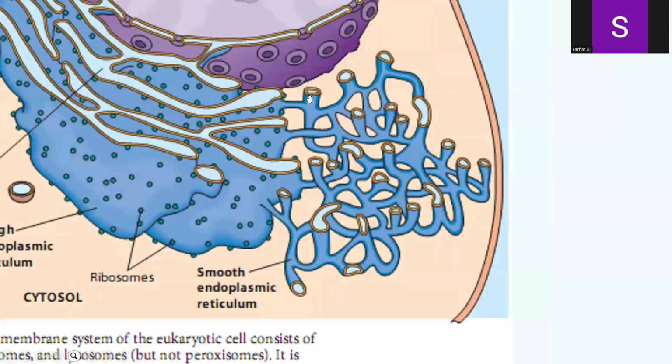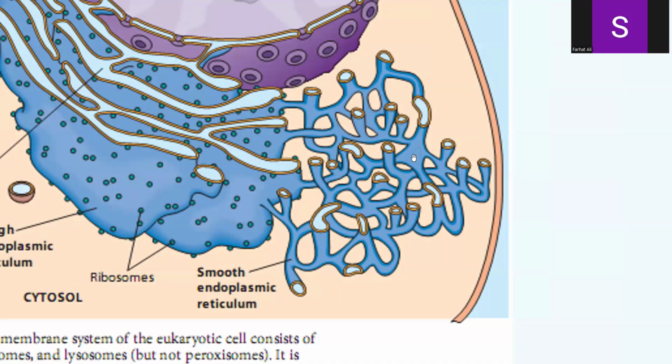The other type of the endoplasmic reticulum does not have any ribosomes attached to its surface. So when observed under a microscope, its surface would appear smooth. So therefore, that gives the name smooth endoplasmic reticulum. Smooth ER is not directly involved in protein synthesis, however, it carries out other functions. There are enzymes which are important for detoxification of harmful substances.